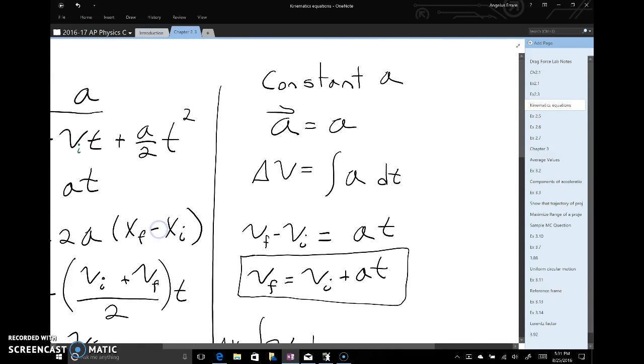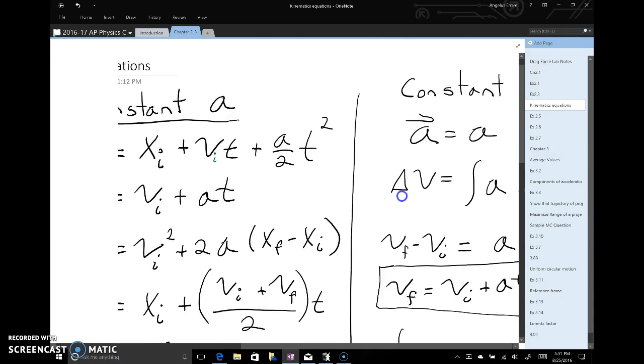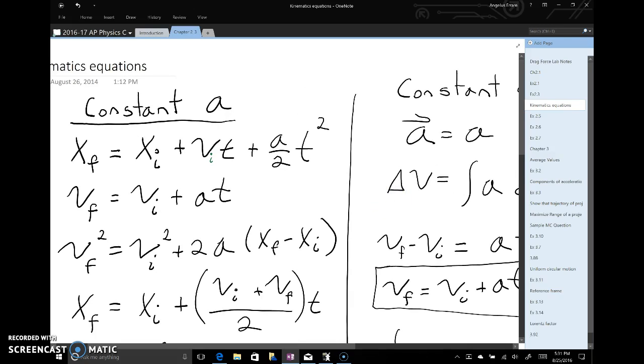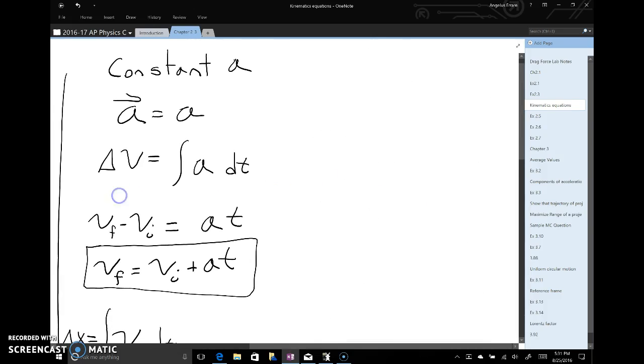Now, where did these come from? Well, we can use calculus to show where these equations came from. In AP Physics 1, we did geometric arguments using graphs because calculus really isn't necessary, but just to get practice with calculus, we're going to do it this way this time.